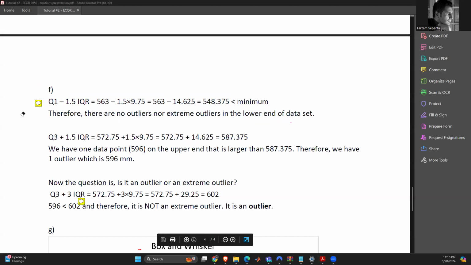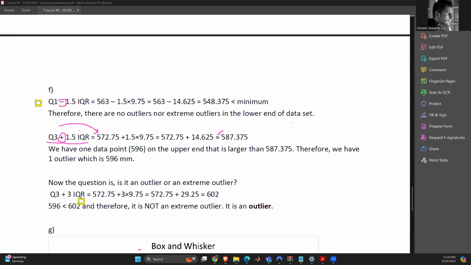If I clear everything, we calculated for the upper end. This time, instead of subtracting, we sum them. You have the Q3, the percentile that we solved for, 0.75, plus 1.5 multiplied by the IQR.